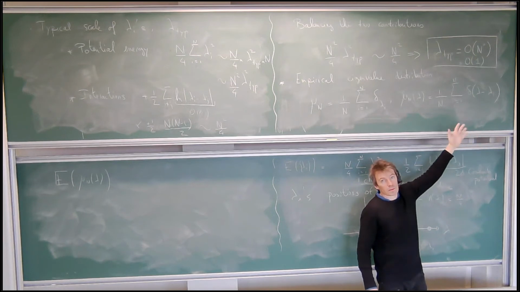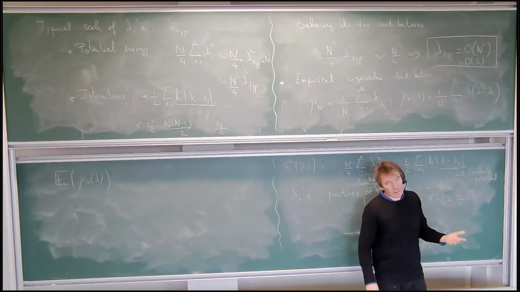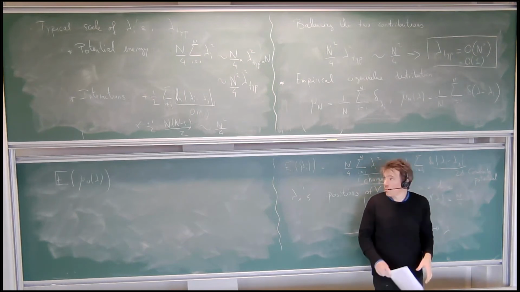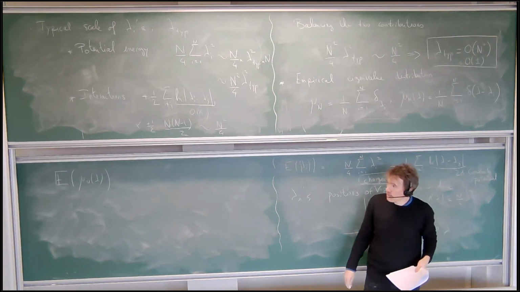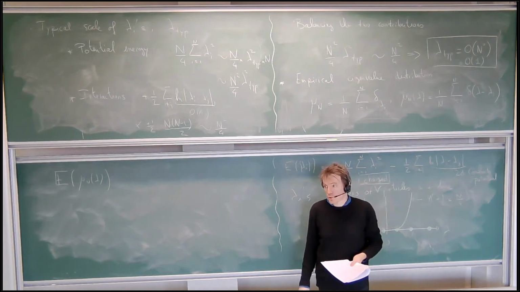In fact, it's not a function; it's a distribution, of course. But it turns out that in the large n limit, this actually becomes a nice smooth function when you both average over the lambda i's and then eventually take the limit n goes to infinity.